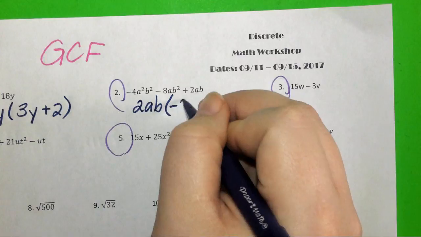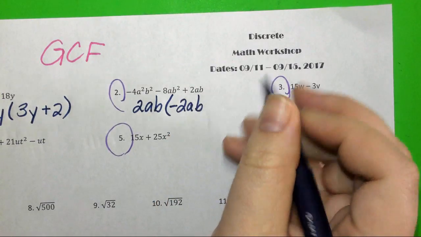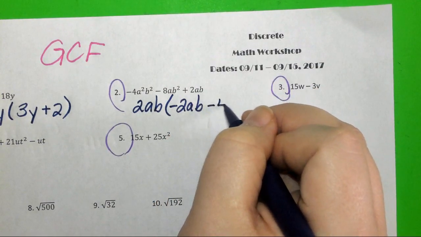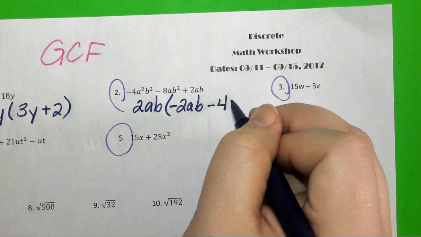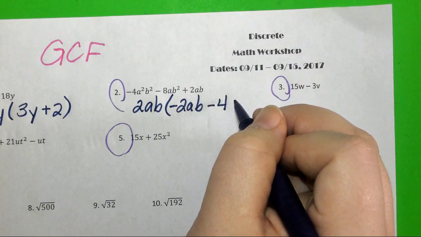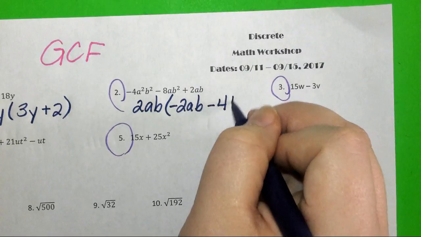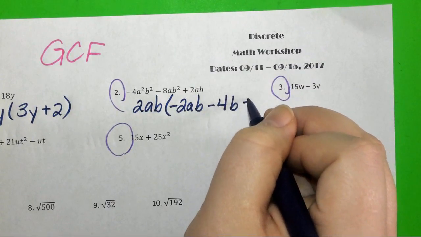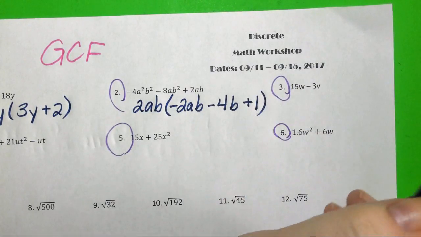No, negative 2. Yes, and you caught yourself. Good. Next. And then negative 4b, and then plus what? Plus 1, and she remembered that plus 1.